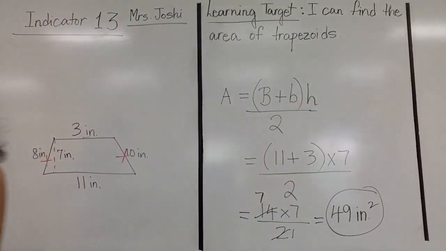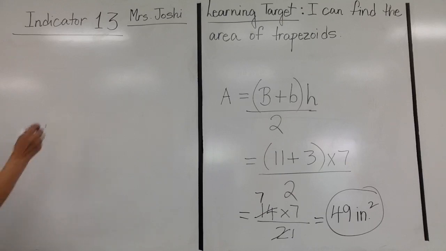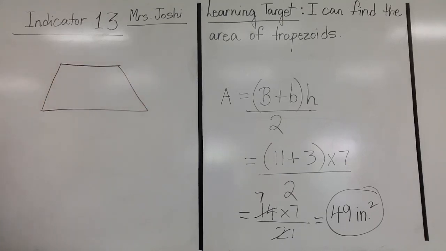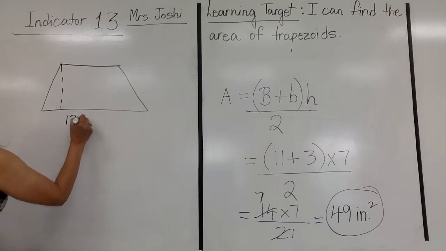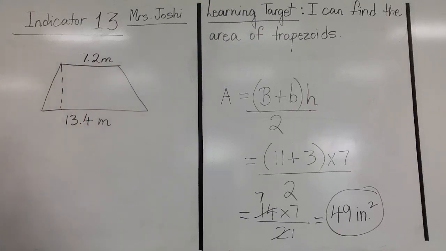All right, let's go ahead and solve one with decimals. Let's say I have a problem which gives me a trapezoid like this. This is 13 and 4/10 meters. This is 7 and 2/10 meters.